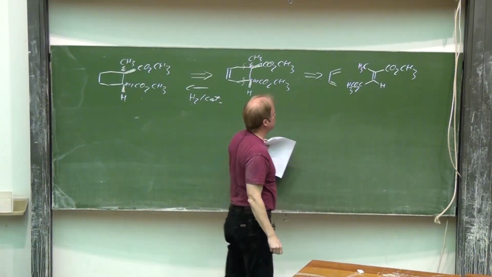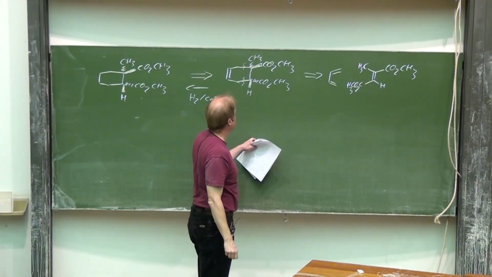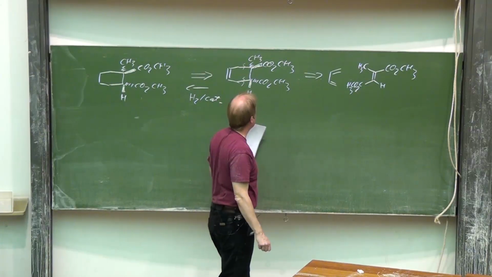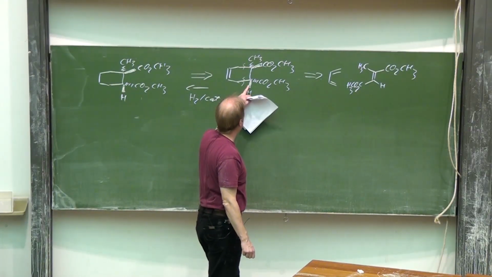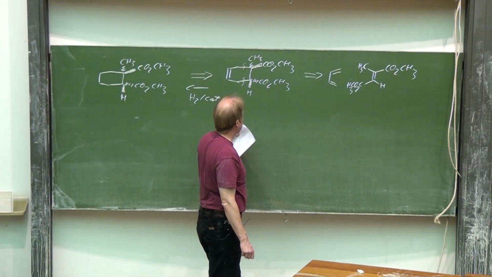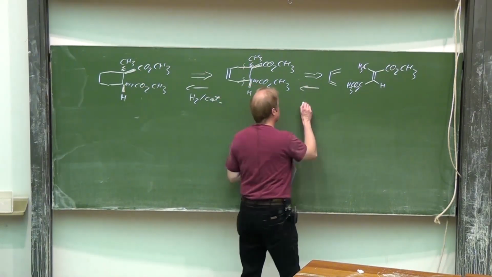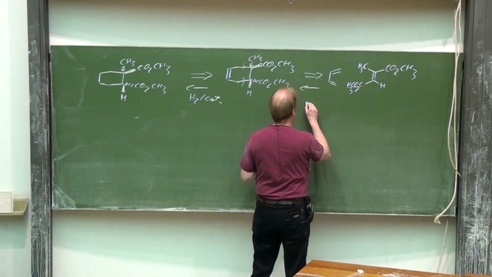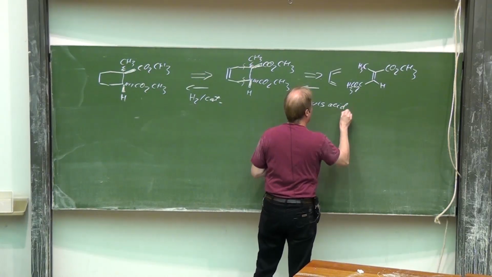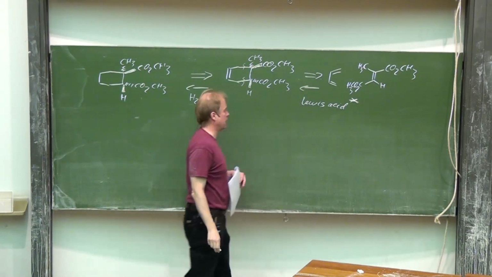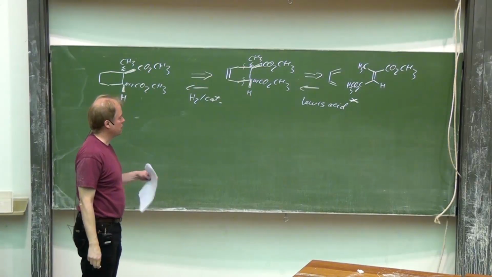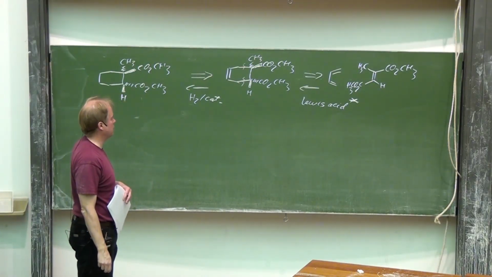So this would be the dienophile we need together with butadiene to get to this product. Well, if we interpret this as one enantiomer, then we should add, for instance, a chiral Lewis acid, chirality marked with a star there, to get some enantioselective induction.